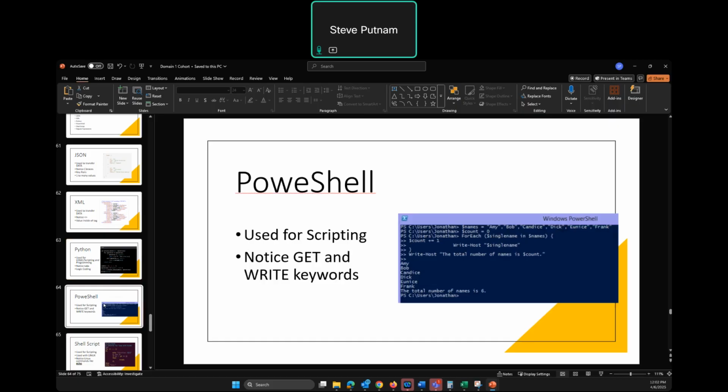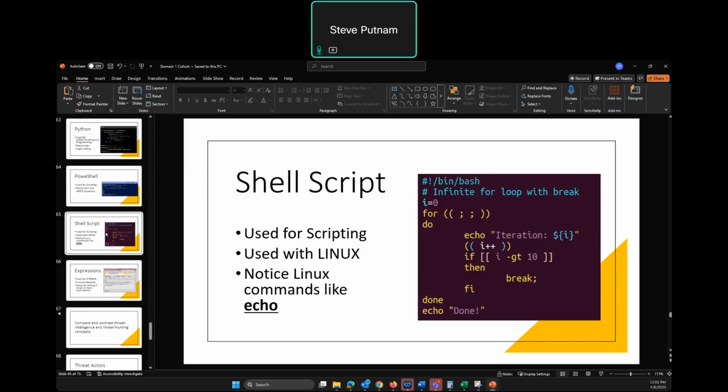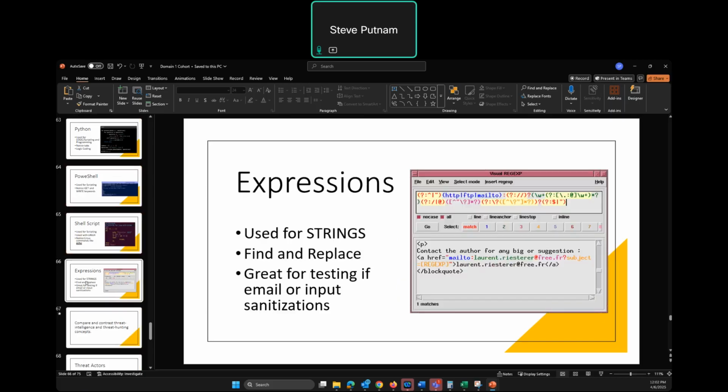PowerShell as well as Python: a lot of attackers are leveraging PowerShell to build scripts and pull data. And of course, shell scripting has been around for a while with Unix. Obviously, that's also used for scripting, and something to look out for. Some other things: expressions used for strings, for testing.